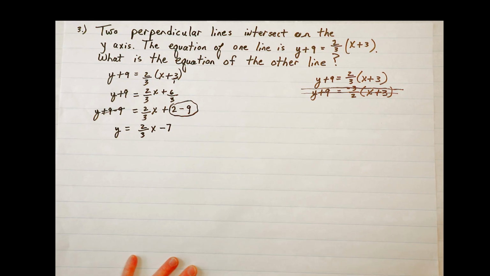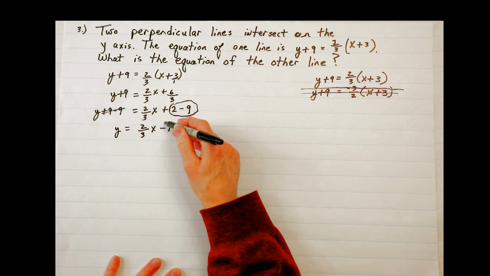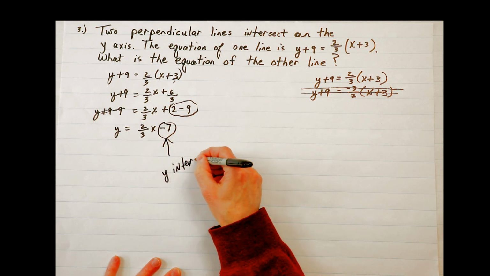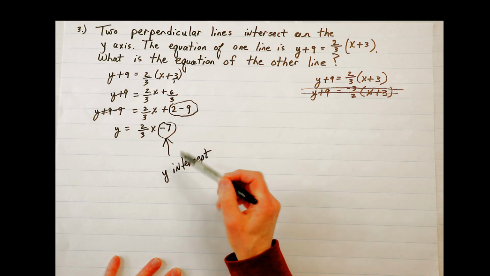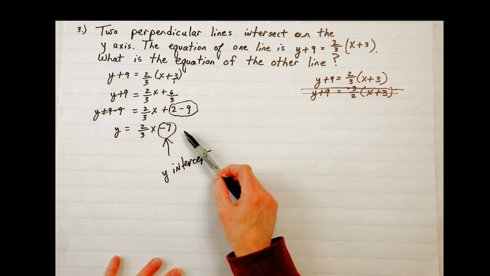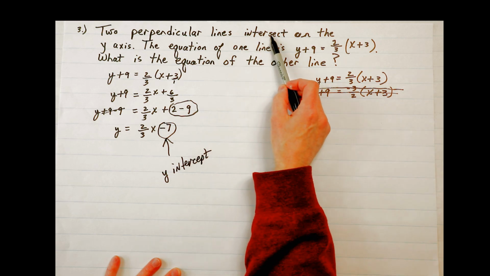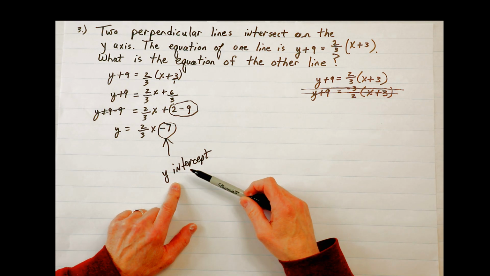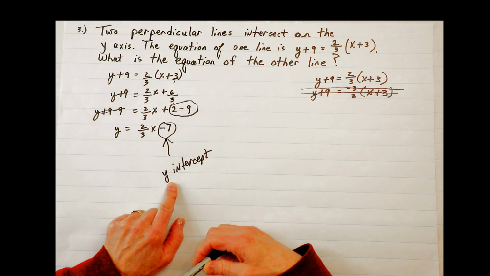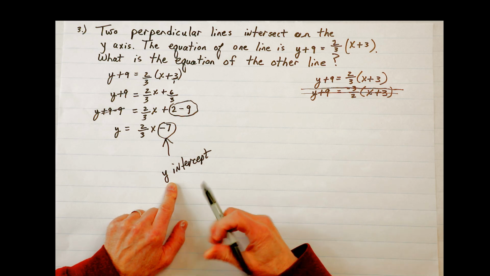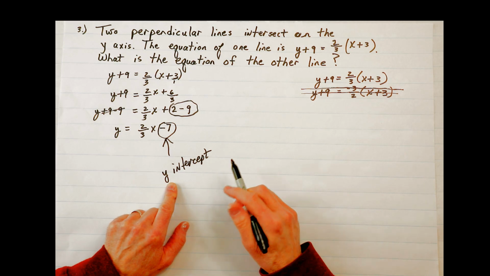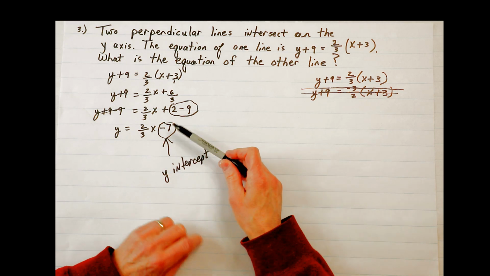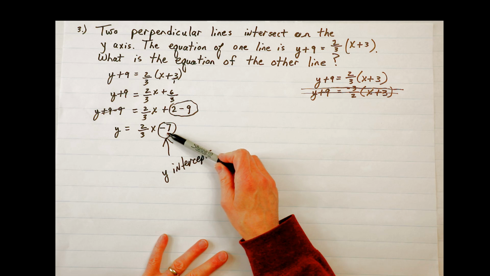Now, what we see here is that this is the y-intercept, and to take that a step further, if these lines intersect on the y-axis, that means they both have to have the same y-intercept. You understand what I mean? So if you were making a graph, the two lines would cross on the y-axis at minus 7.